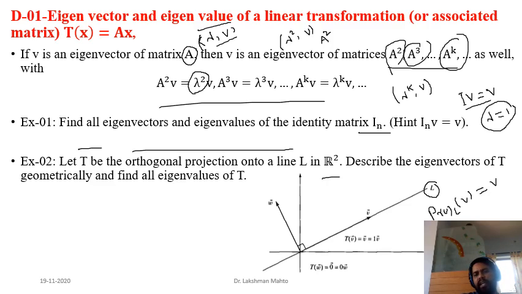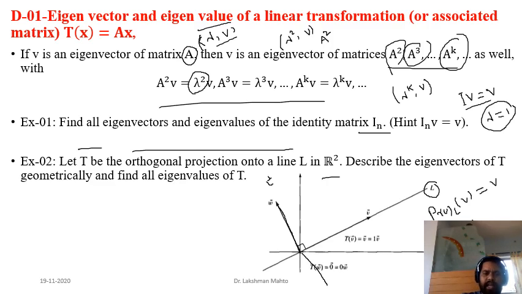It says that any vector on the line is an eigenvector of this projection operator, and the corresponding eigenvalue is 1. Now, call this line L. If you take any other vector which is in the orthogonal complement of L, what is the projection of this? It will come to 0.